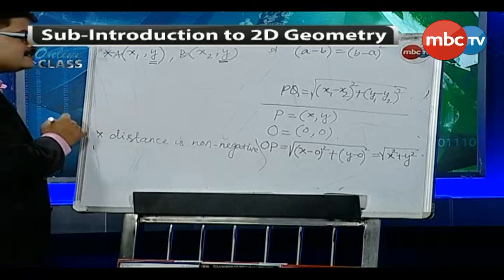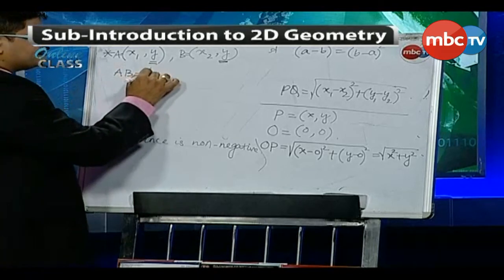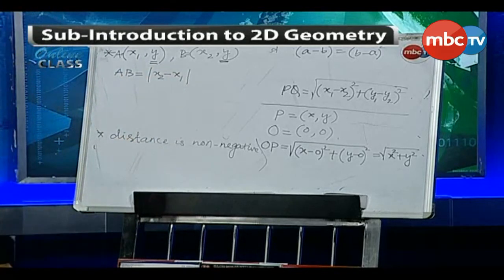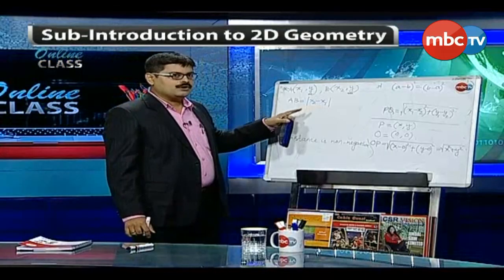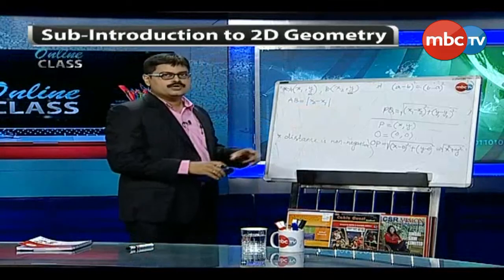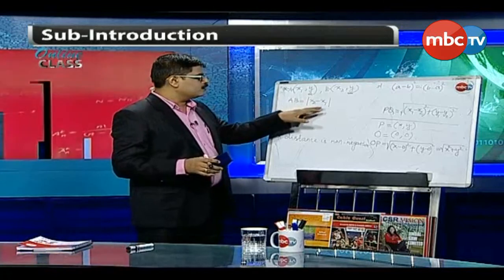So, in such a case, directly you can write the distance is modulus x2 minus x1. Directly you can subtract the smaller value from the larger value, or we can write here modulus x2 minus x1, because we do not know which one is larger. So, that is why we are using the modulus sign here.